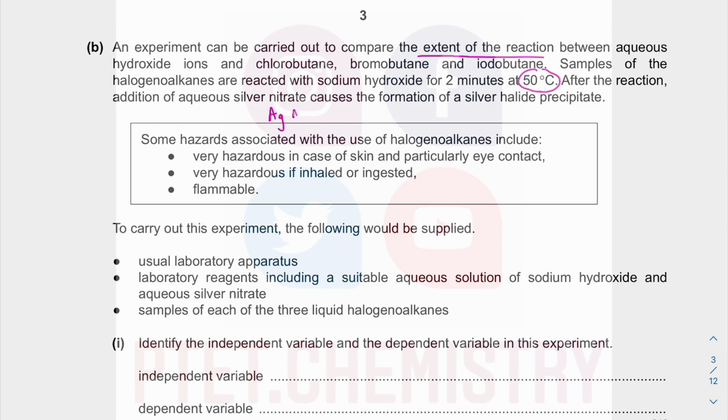So Ag+ NO3-, it's aqueous, so it's a colorless solution. But then you get a silver halide precipitate because Ag+ aqueous plus a halide ion will give you AgX solid.